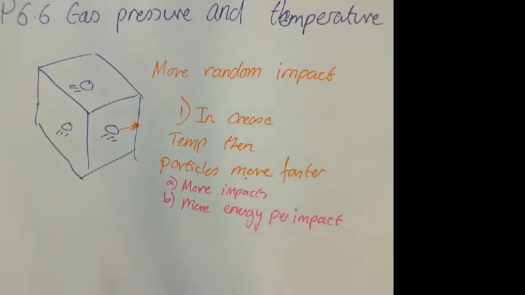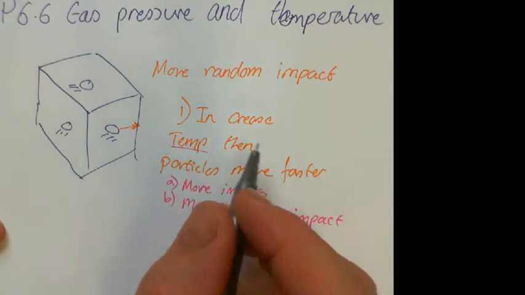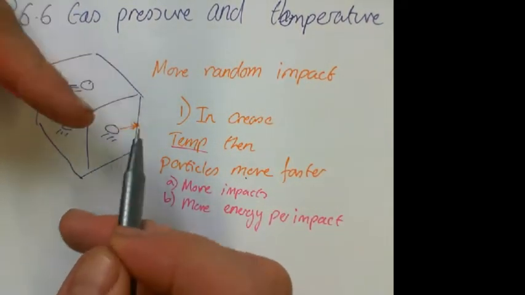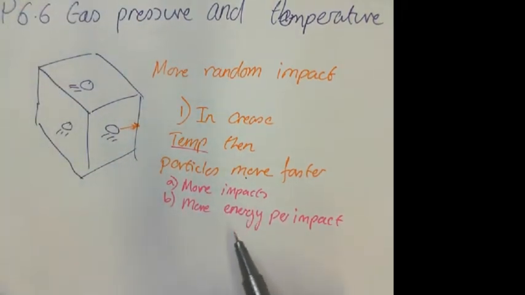So increasing the temperature has two effects. There are more impacts because they're moving around faster, so they hit the side more often, and when they do hit the side, they're moving faster, so they transfer more energy to the container. That's the first one, increased temperature.